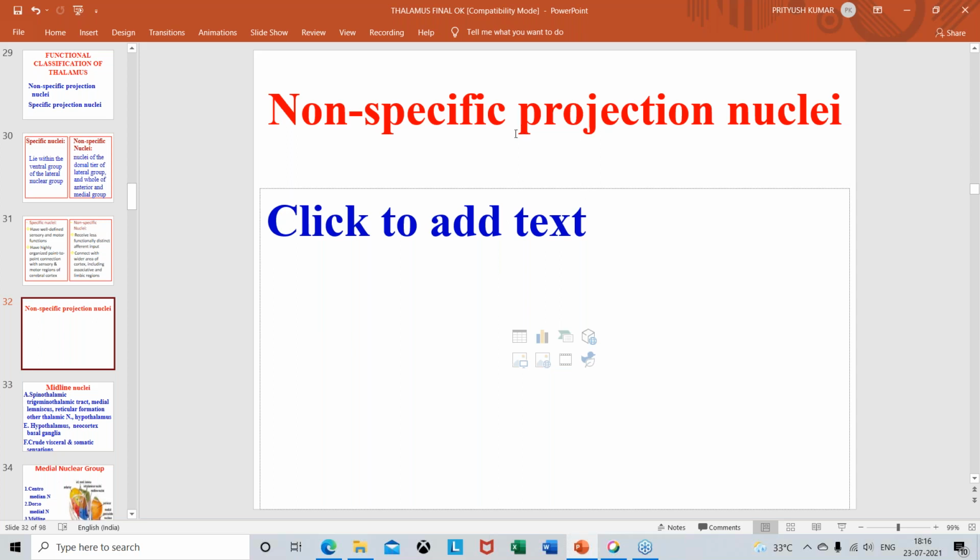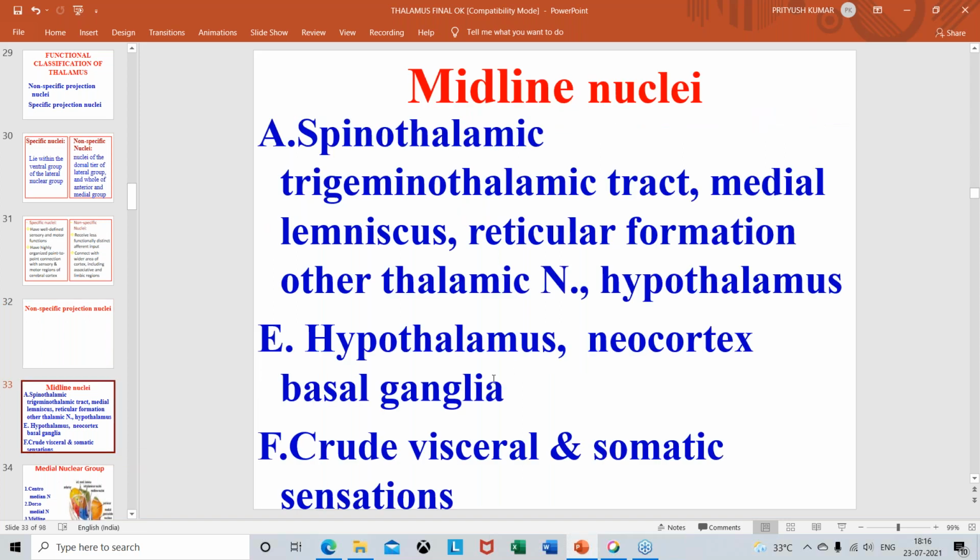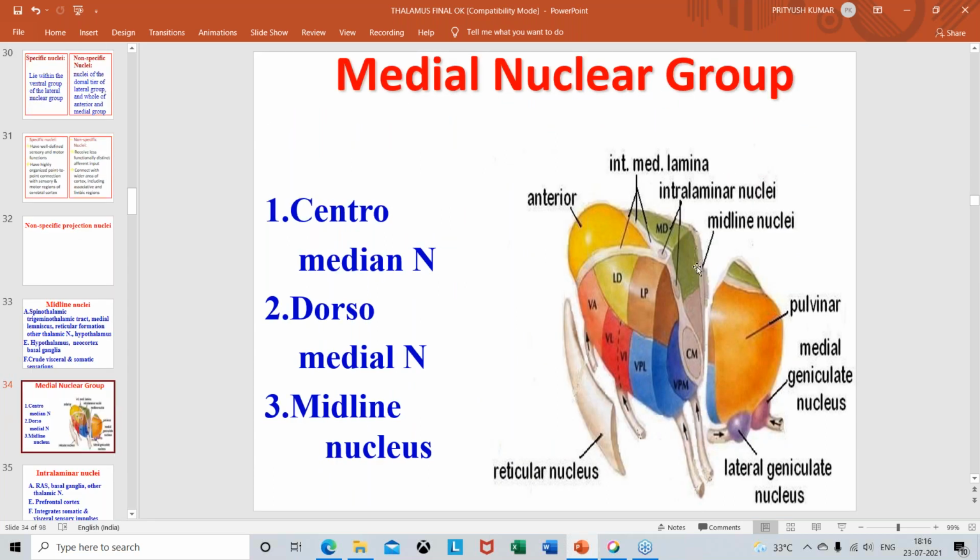First, we want to discuss the non-specific ones, which do not project to a specific area. So first is the midline thalamic nuclei. I hope you know the location. This is the midline thalamic nuclei.